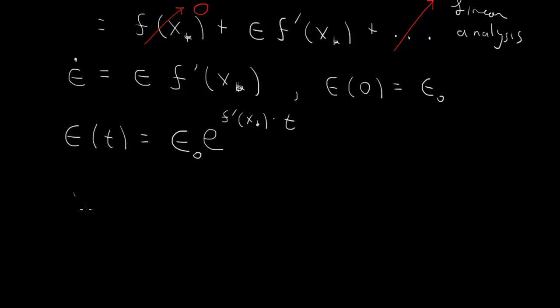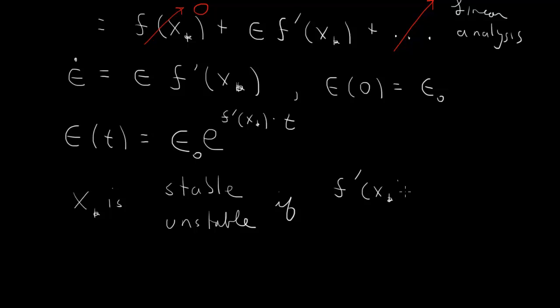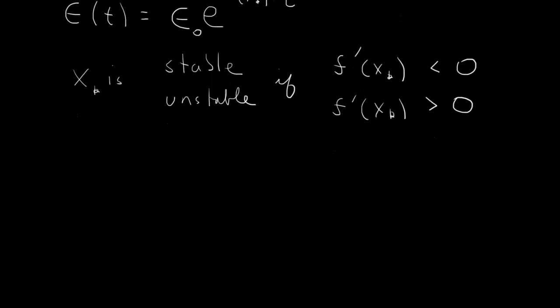So we say x star is either stable or unstable if the derivative of the right-hand side with respect to x at x star is, in the stable case, less than 0, and in the unstable case, greater than 0. Okay? So that determines the stability of x star.